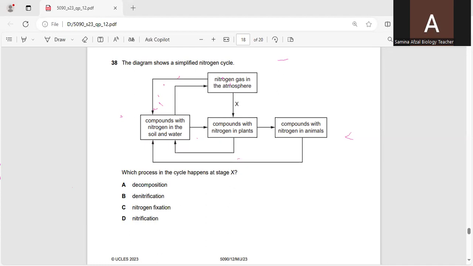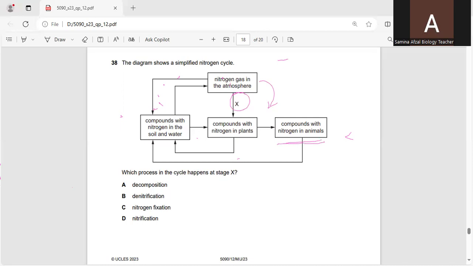Nitrogen gas in the atmosphere compounds with nitrogen in plants. So there are nitrogen compounds within the plants from the nitrogen in the air, then compounds with nitrogen in the soil and water, and compounds with nitrogen in the animals.